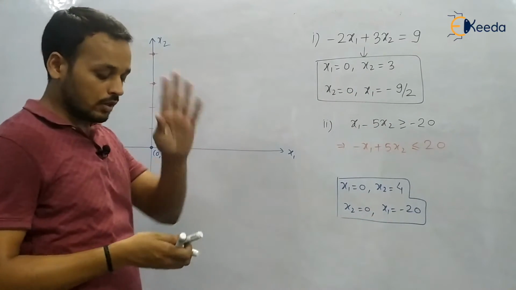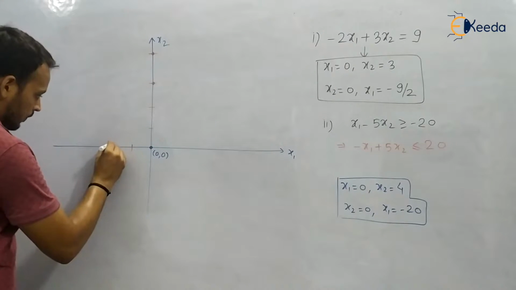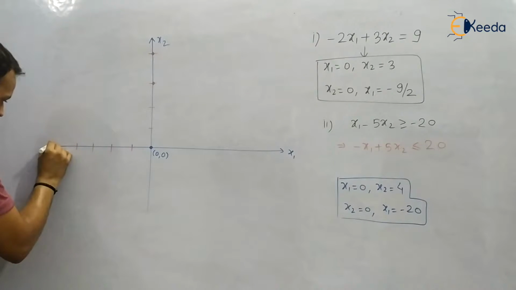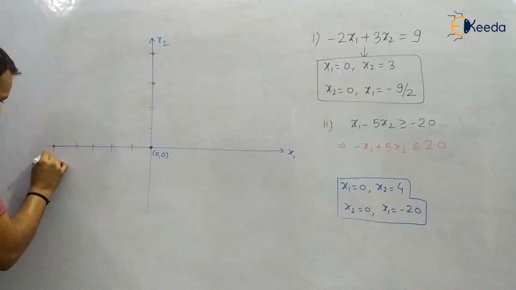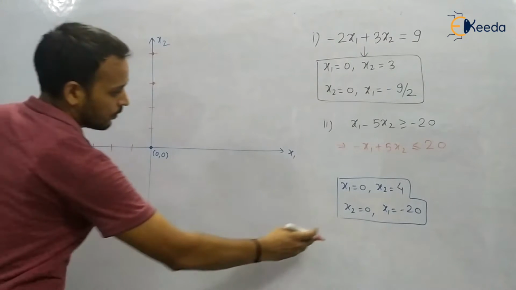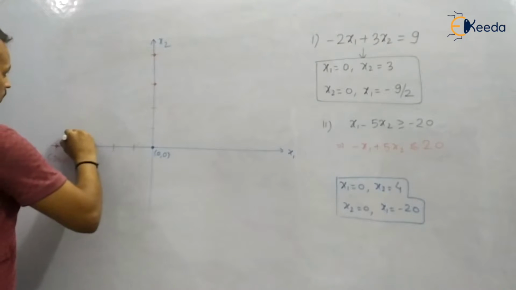So we are going to take the scale of 4: 4, 8, 12, 16 and 20. So this is the coordinate (-20, 0), and it is (0, 4). Now just combine these points.